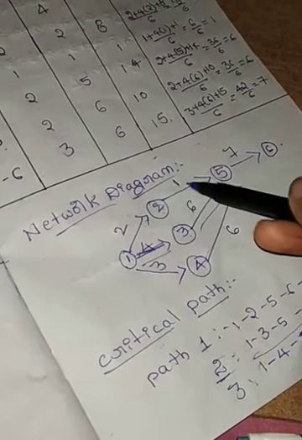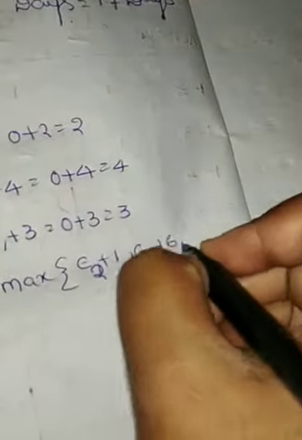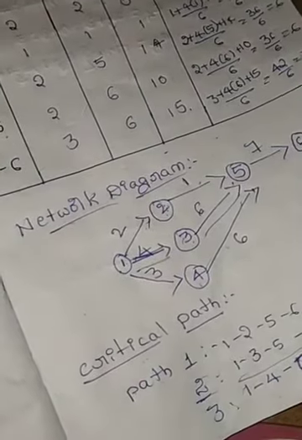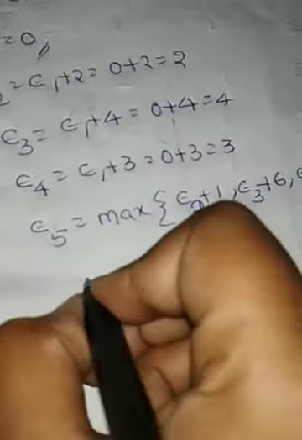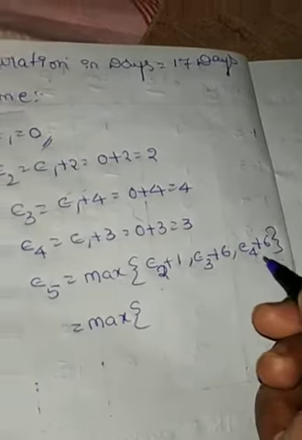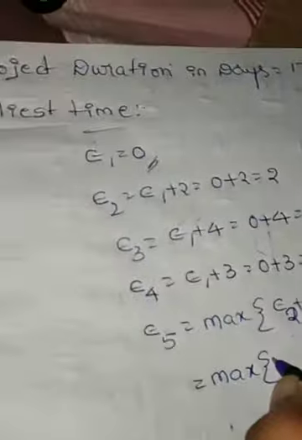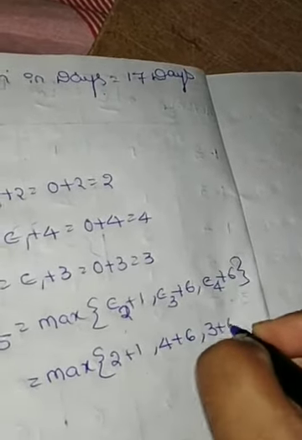So the maximum of E2 plus 1, E3 plus 6, E4 plus 6: 2 plus 1, 4 plus 6, 3 plus 6.